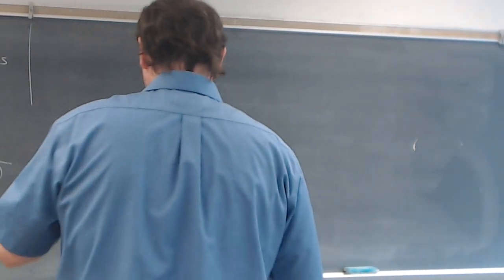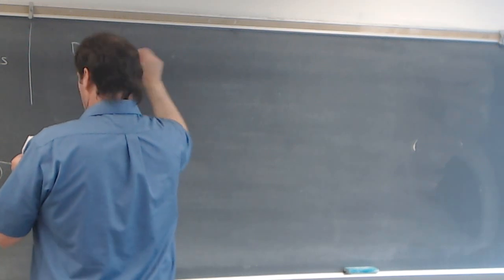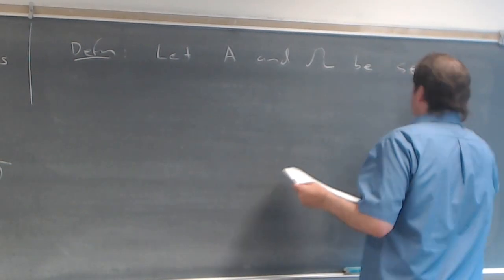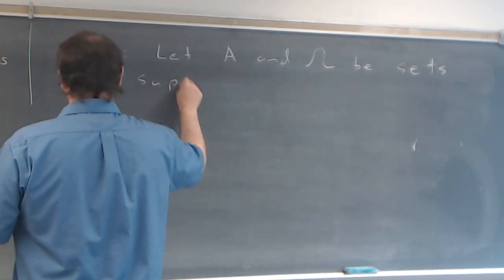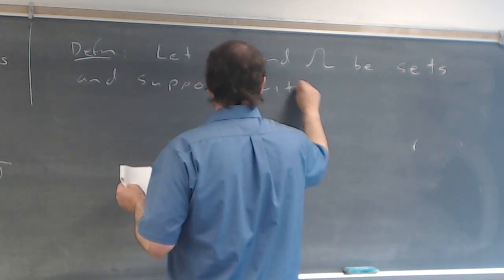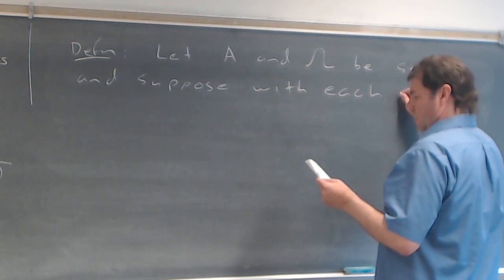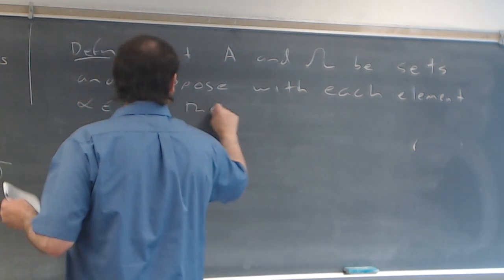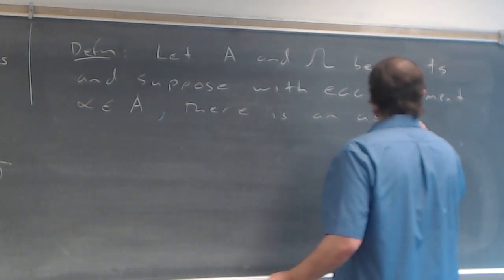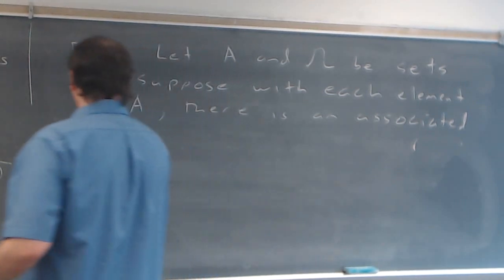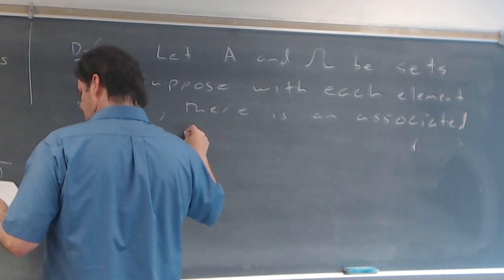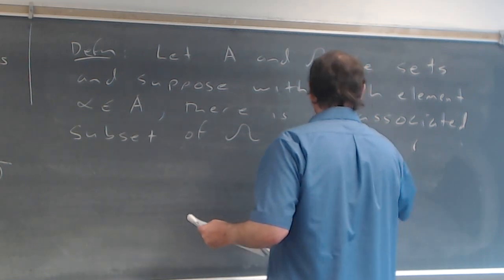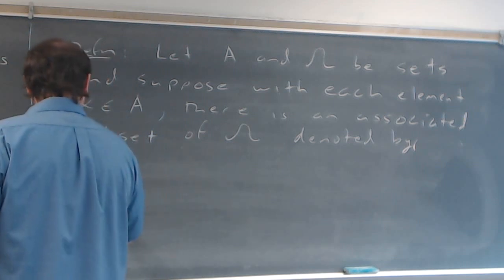We next want to look at a definition. It says, let A and omega be sets, and suppose with each element alpha in A there is an associated subset of omega, denoted by E sub alpha.